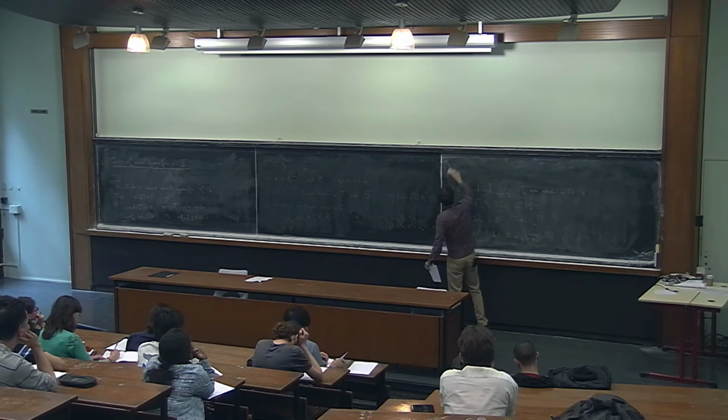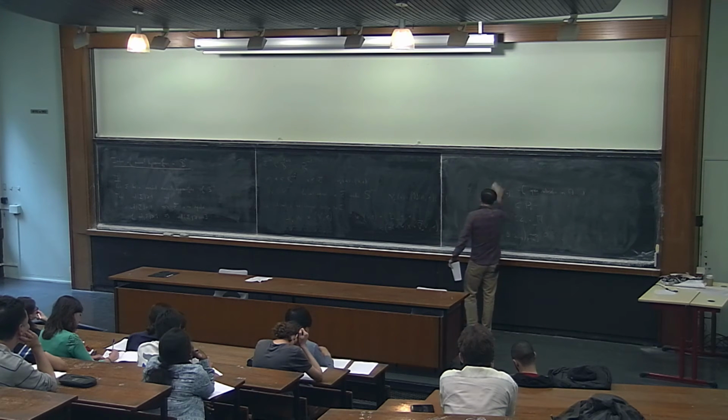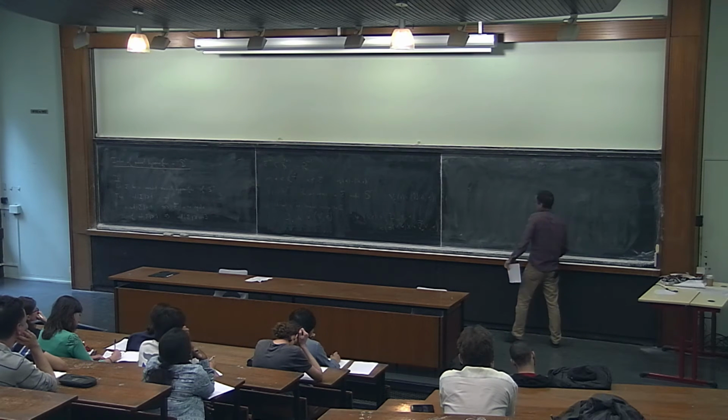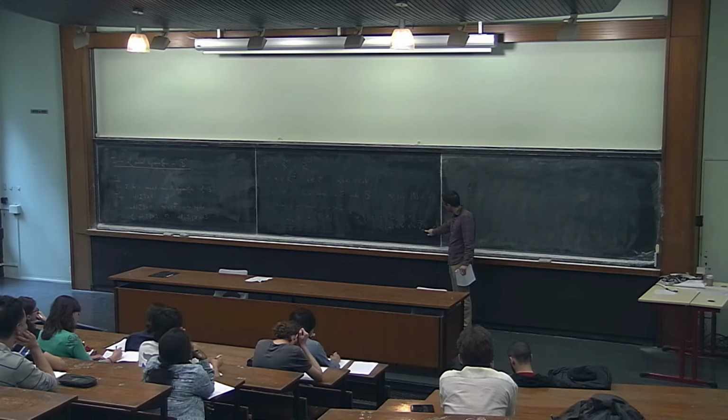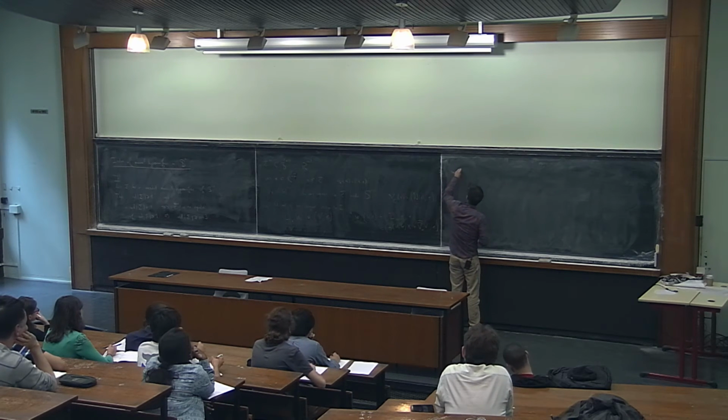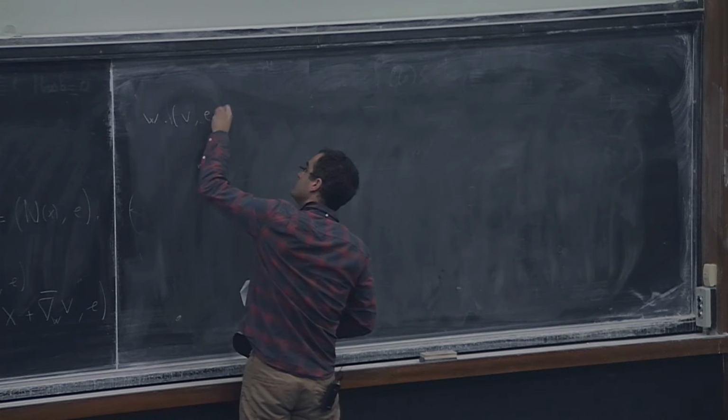Okay? And I play exactly the same game with this differentiation there. There is a part which is orthogonal to sigma and a part which is tangent to sigma. So what is this? So the u v e.